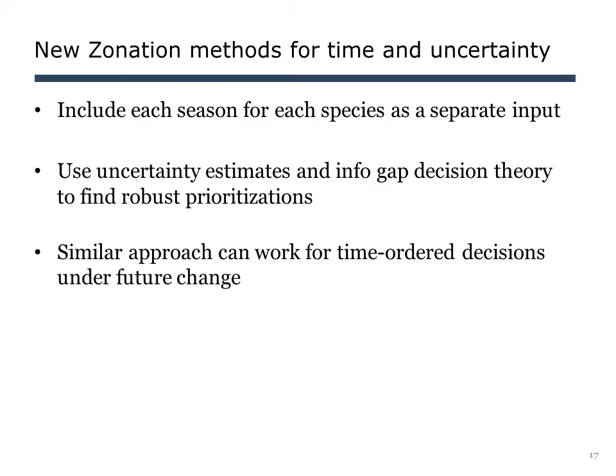And that was a really nice chance to experiment with some new methods in Zonation, which we use as a program for doing the Blueprint to account for things like time and uncertainty. So now these new marine mammal models are actually monthly models. So that means we have monthly for most of these species. And so we actually include each season for each species as separate inputs.